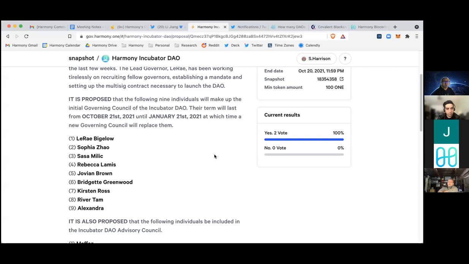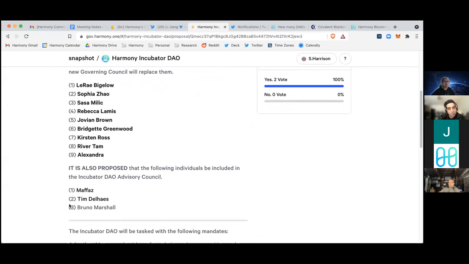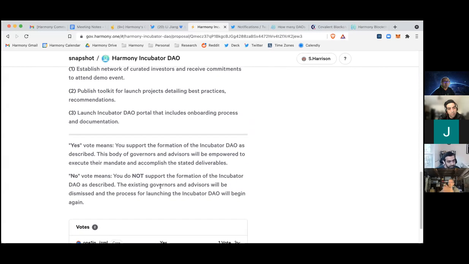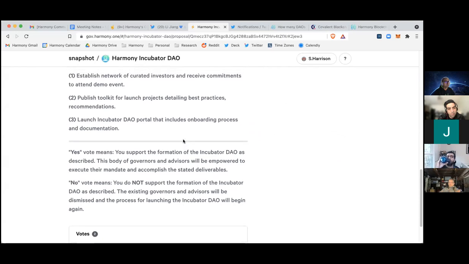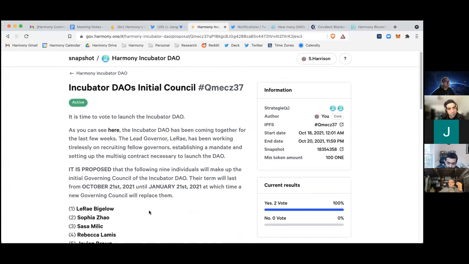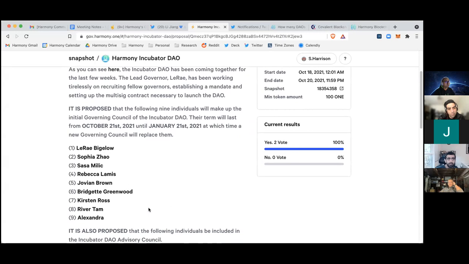We're actually establishing all 9 of the Incubator DAO initial governor councils first, with some advisory council members who are brought in as well. And we're asking for basically the support, saying yes, you support the formation of the Incubator DAO as constituted. We have our 3 mandates and we have 3 deliverables over the course of the next 3 months. There's a very specific reason for that.